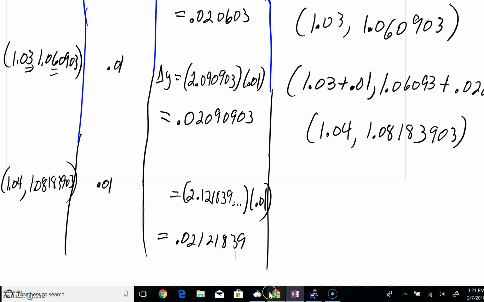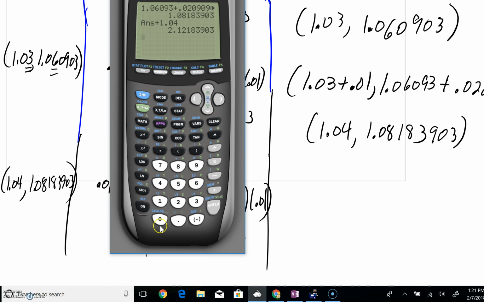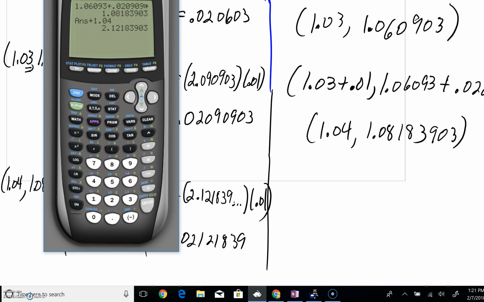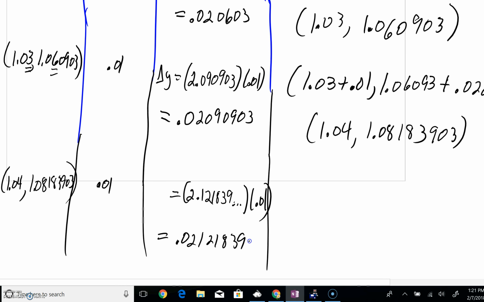We'll probably just go to 3 decimal places at the end, or sometimes the author might ask for just a little bit more. But if you multiplied through by 0.01, you can see that's pretty much what we've got. Looks like we'd have a 0.3 here. But to finish this up, we're going to have 1.04 plus 0.01.